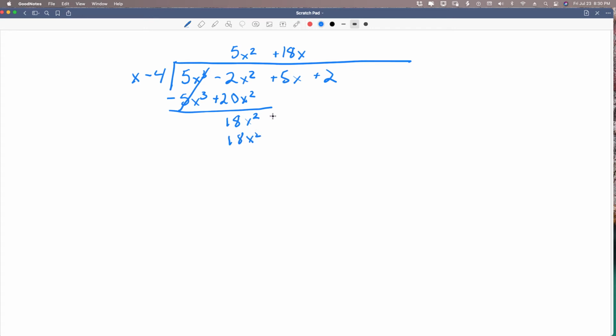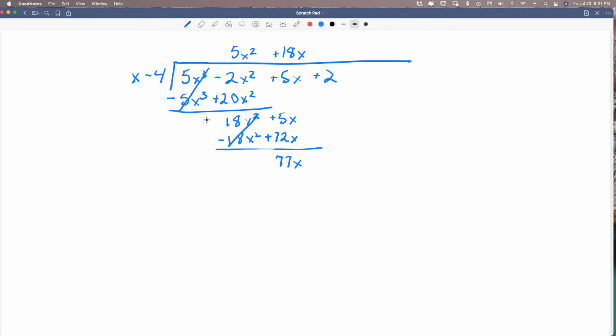All right, we have to bring down this next number, and we multiply 18x times negative 4, and that gives us a negative 72x. Change the signs so we can subtract. These cancel. We are left with 77x.